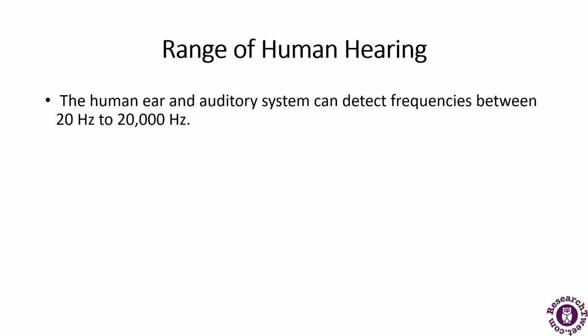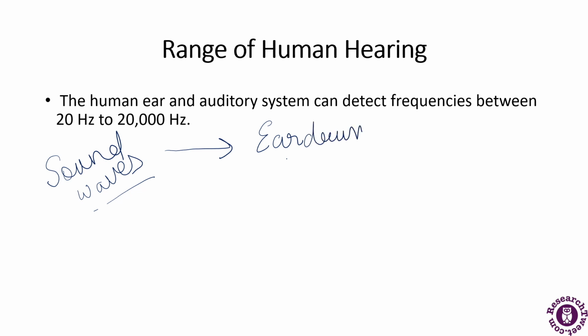Now if I want to summarize the mechanism of hearing in a flow chart, the first step is the sound waves, which are received by the external auditory meatus. Then comes the eardrum. Because of the sound waves, the eardrum will vibrate.